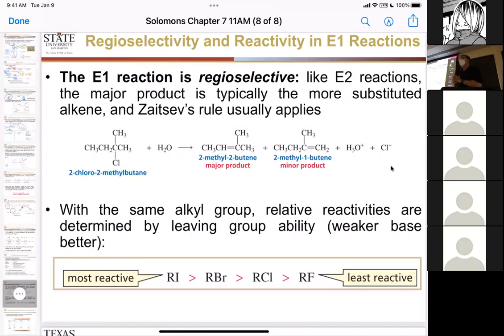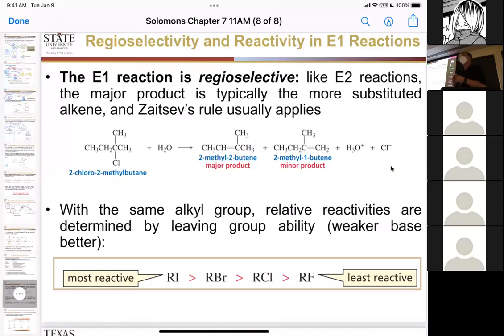We don't have a competition now between the bigger base or the littler base, because we've already formed the carbocation. So we typically follow Zaitsev's rule, giving the more substituted alkene as our major product. You still get both products, but the major product is your more substituted, more stable alkene.